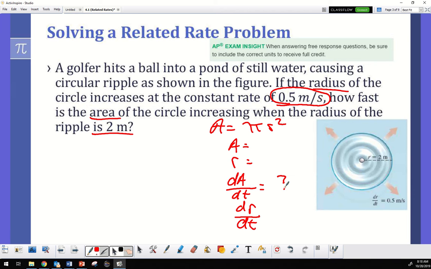That's the rate of change in my radius, so I'm going to use that for my dr dt. It's going to be 0.5 meters a second. And the area of the circle is increasing when the radius of the ripple is 2 meters. So I could put 2 right here.